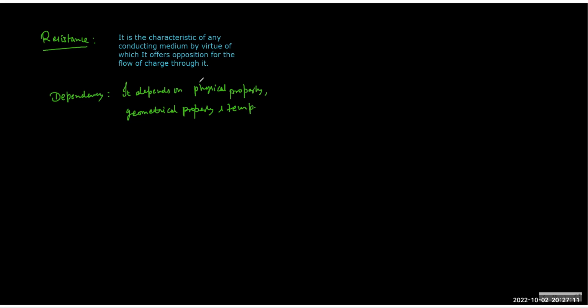So physical property means n, e, m, tau, and fundamental constants. And geometrical means the length and area.